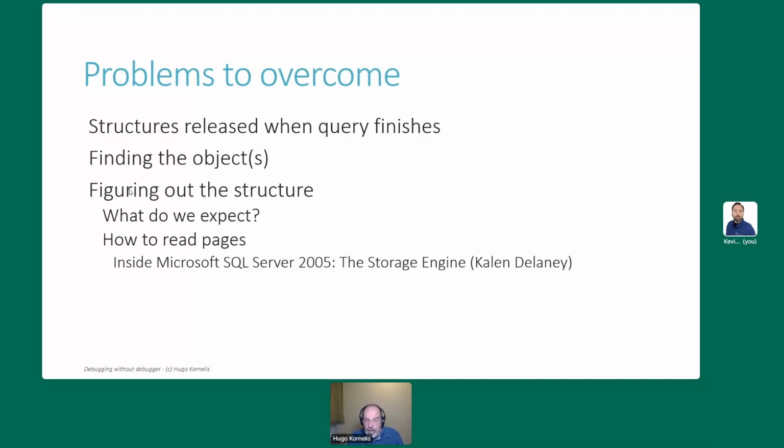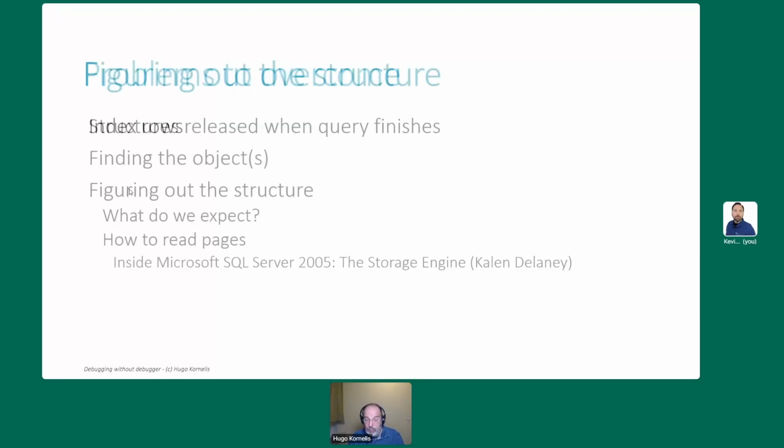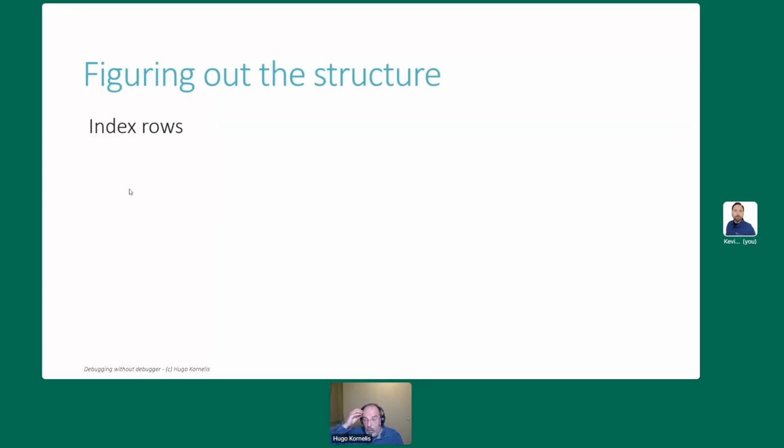And Kalen Delaney did a great job of describing them. So whenever I need to decipher DBCC page output, I always look up the correct pages in that book to refresh my memory of how exactly the rows are stored on disk. You don't have to put things in your memory if you know where to find them. I know where to find them. It's that book.